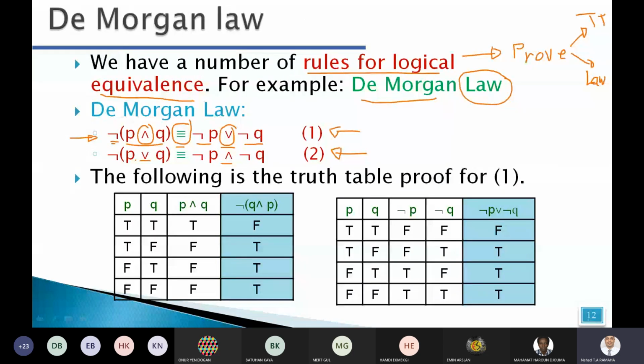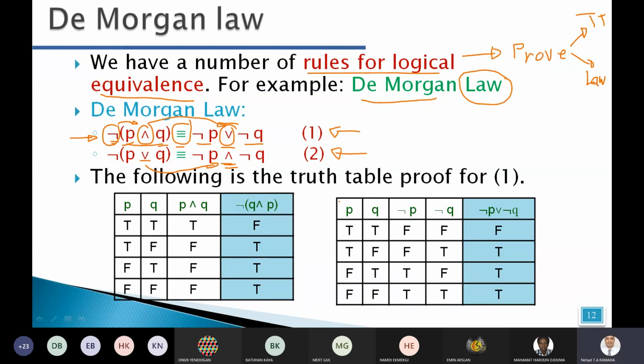We will have the distributive law later, but this means you can get this not inside for both propositions, but if it's AND, it will become OR, and if it's OR, it will become AND.